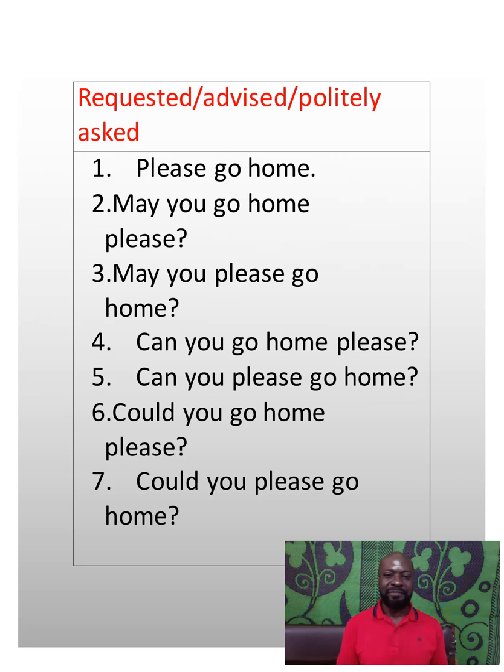Number 3, Sarah politely asked. I want you to see that I'm adding the word politely. Politely asked, not simply asked. I'm not saying Sarah asked Ali to go home. I'm adding the word politely. Sarah politely asked Ali to go home.